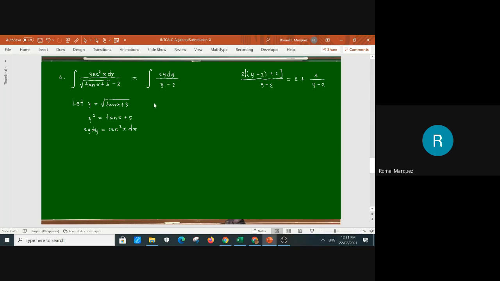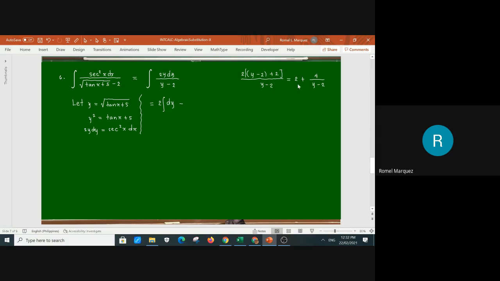So this integral now is equal to the integral of 2 dy. So I can put the 2 out, and then I will have dy.